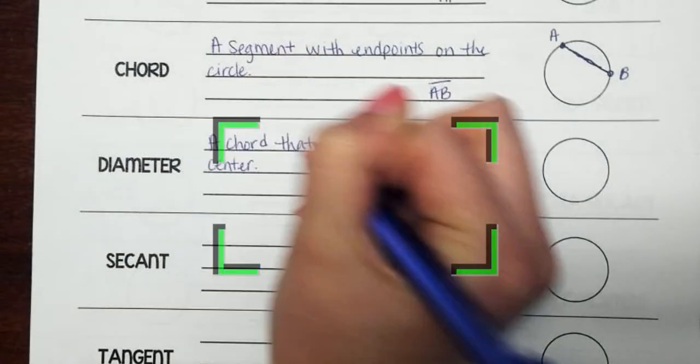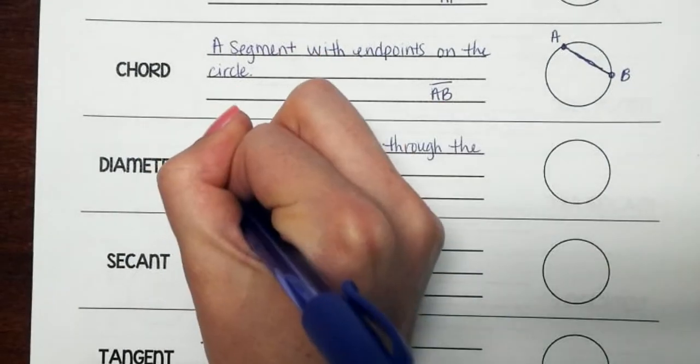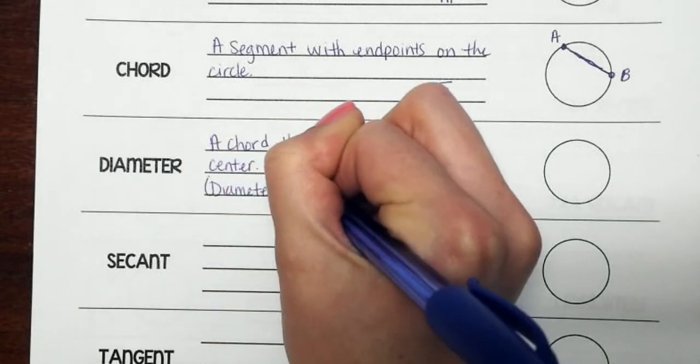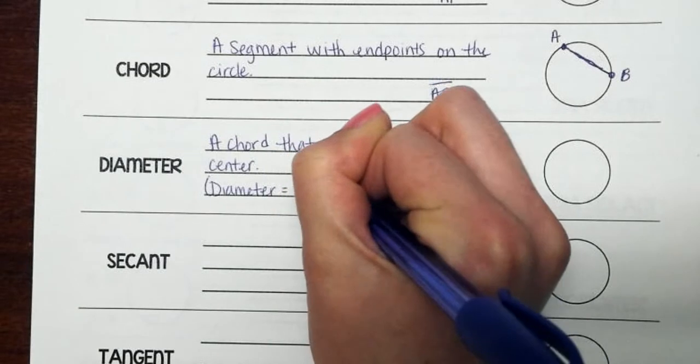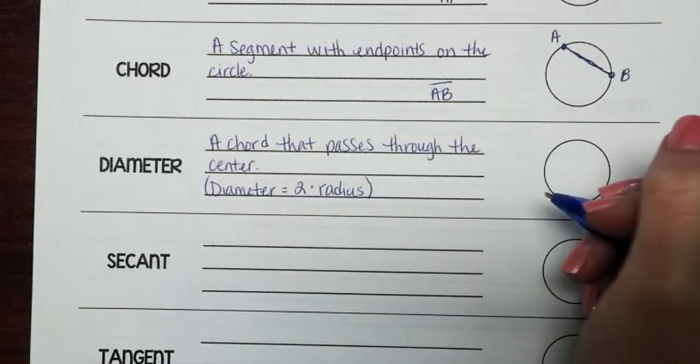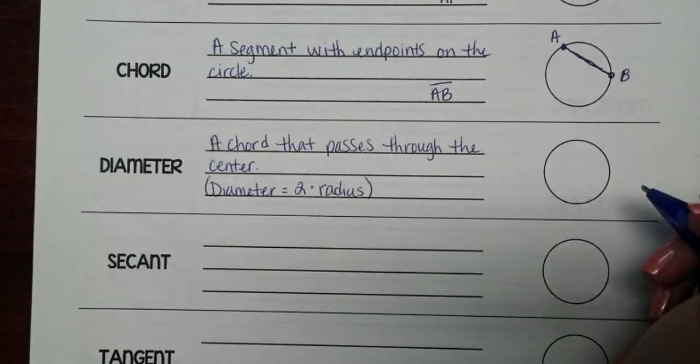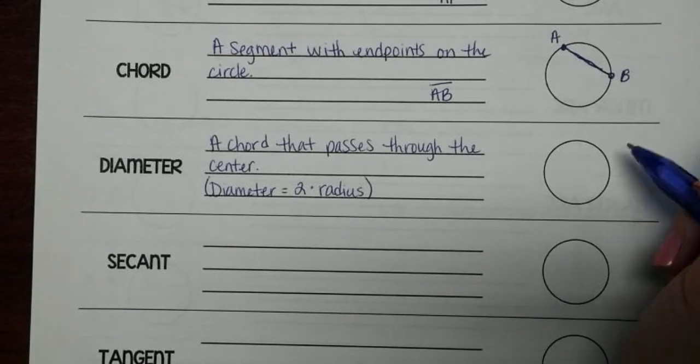So remember that the diameter is equal to 2 times the radius. It's twice as long. Okay, so a diameter is technically a chord because the endpoints are going to be on the circle.